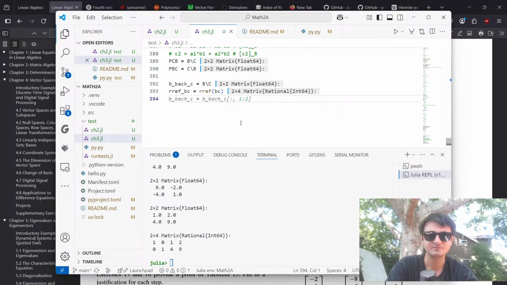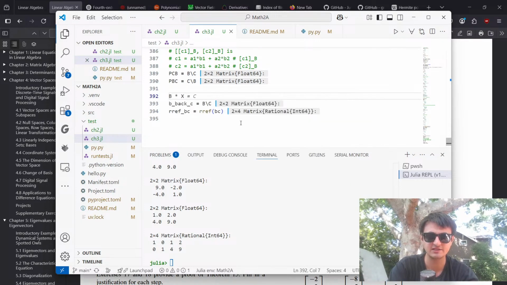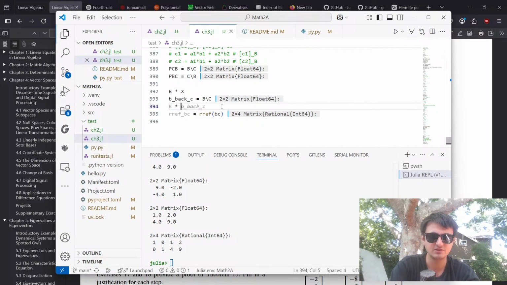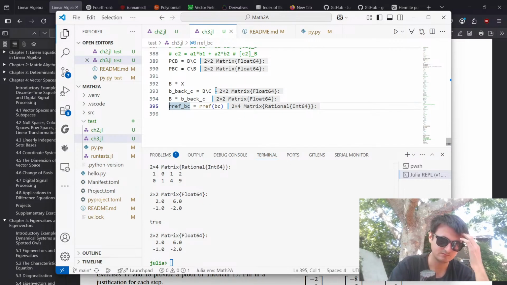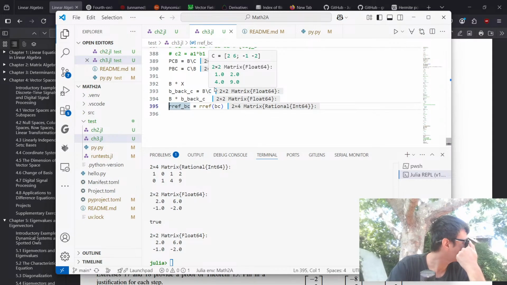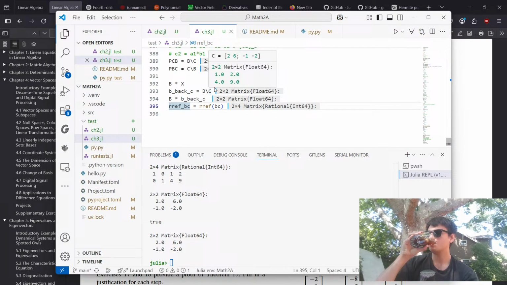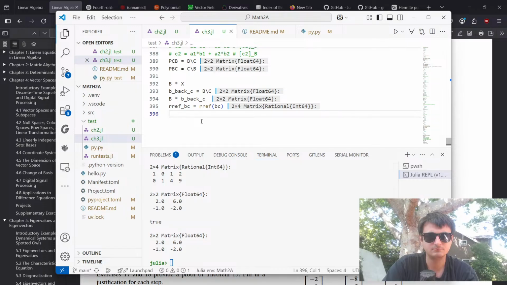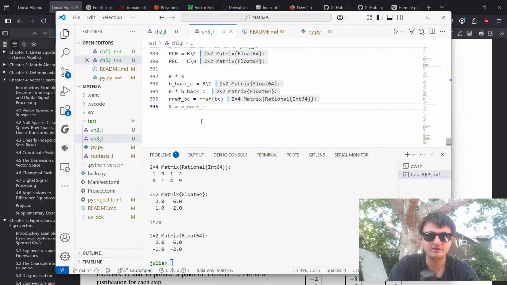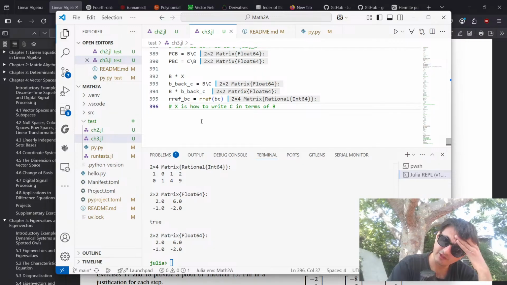So what does that mean? That means that this solves for x, where B times x is equal to C. So x is how to write C in terms of B, right?